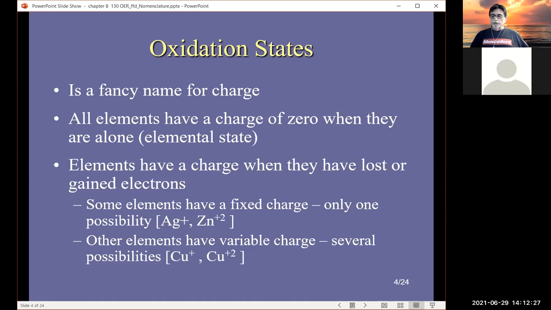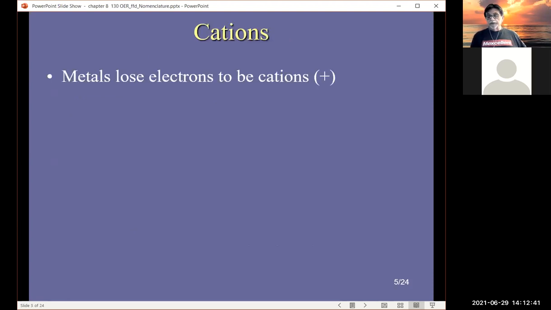All the other elements have a variable oxidation state. Copper can be 2 different states, a +1 or a +2. Iron, for example, could be a +2 or +3. Chromium can vary too, so they all can vary, but we need to distinguish them. We'll learn how in a second.